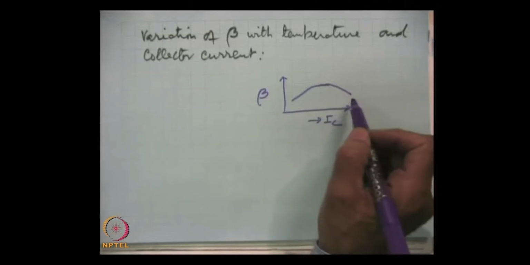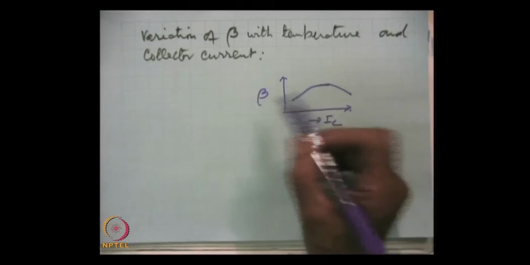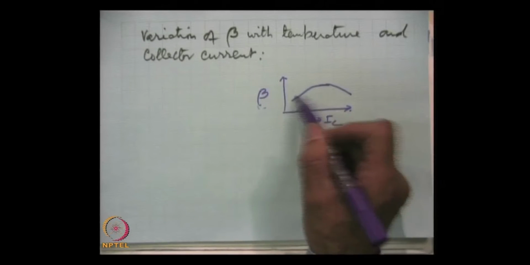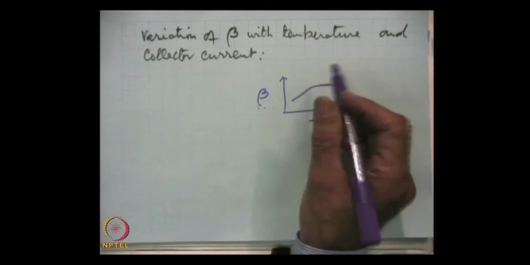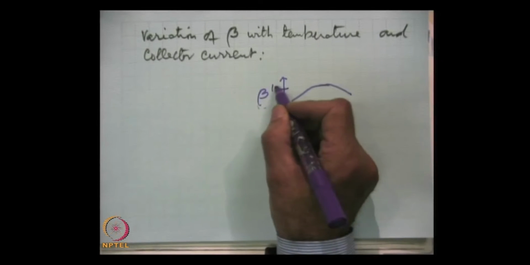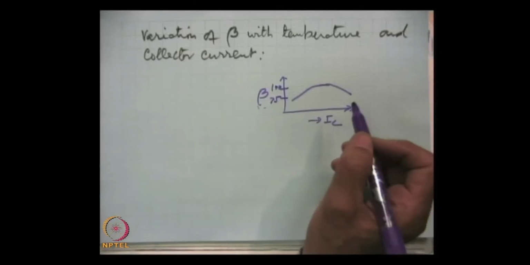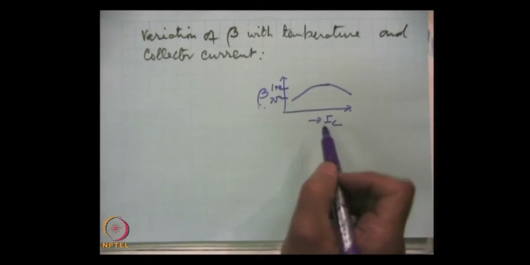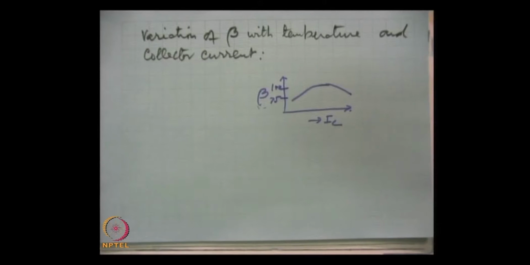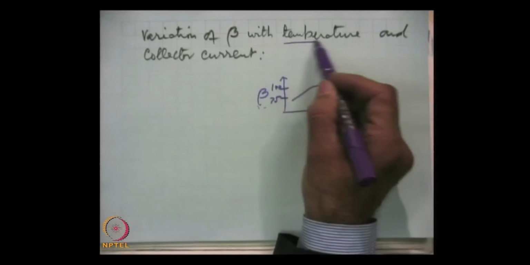So, there is a fall in the value of beta, and this fall may be significant. If it is 100, this may be 75 and even lower. So, this is how the current gain beta varies with the collector current, the output current. Another variation is with respect to temperature.